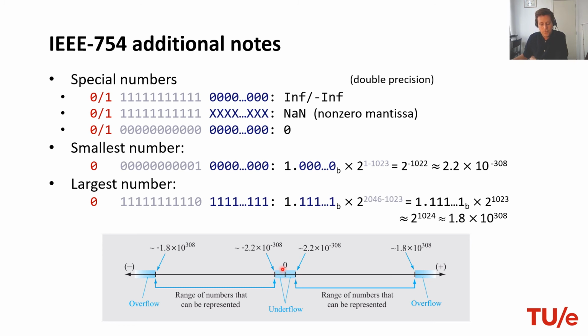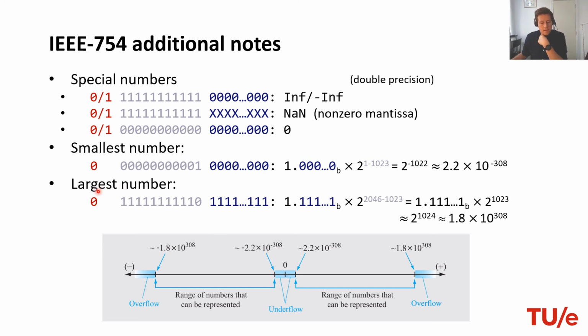And whenever the result of a computation falls in this gap, that's when we talk about the phenomenon of underflow. That would mean that the result you actually get is smaller than the smallest possible number representable by a computer in floating point notation.